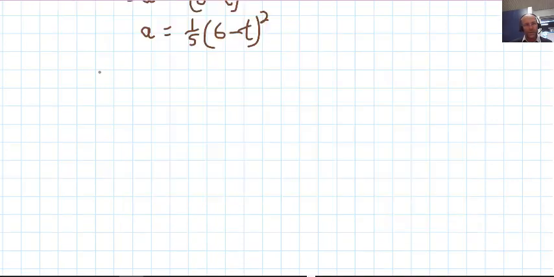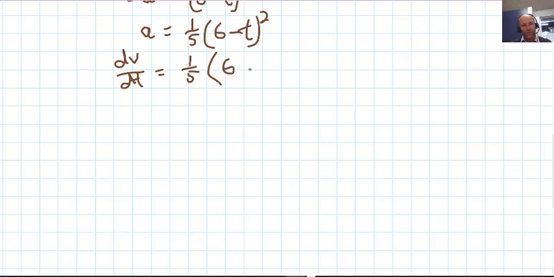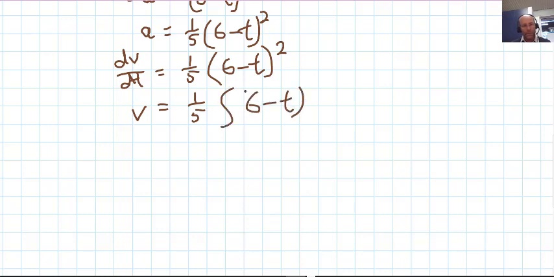Thus, dv/dt is 1/5 of (6 minus t) all squared. So to get v, we have to take the integral, so we can say that's 1/5 outside of the integral of (6 minus t) all squared dt.